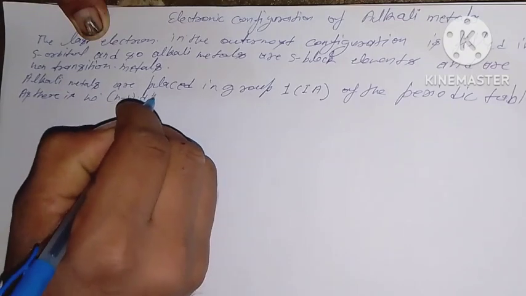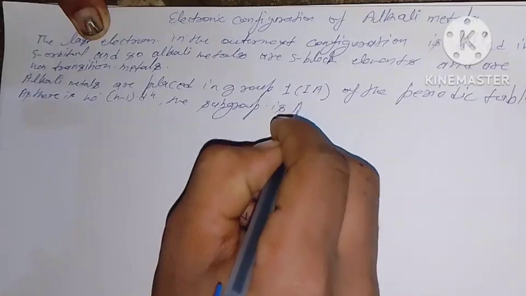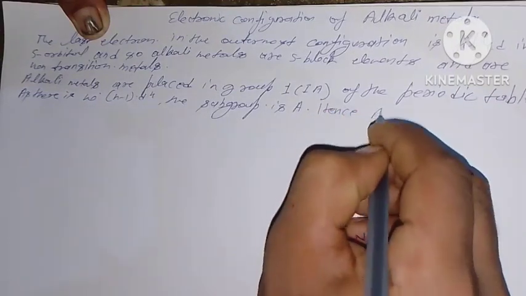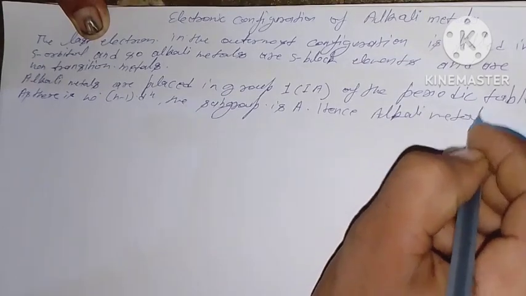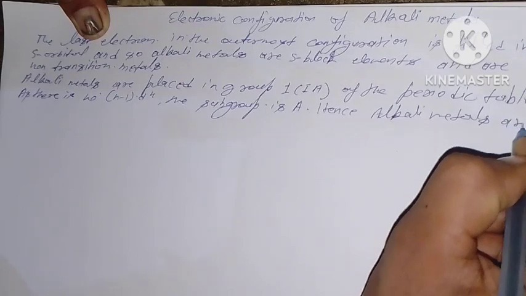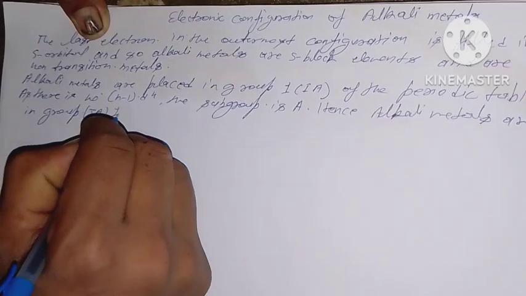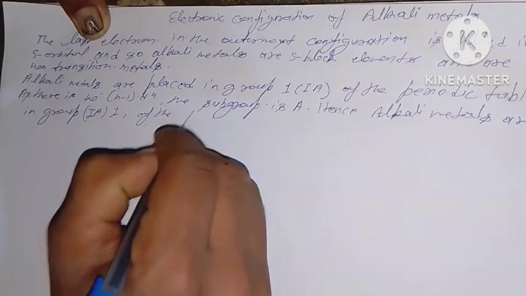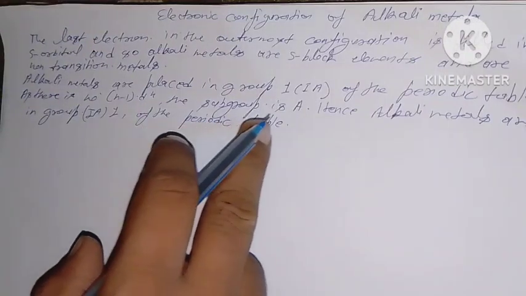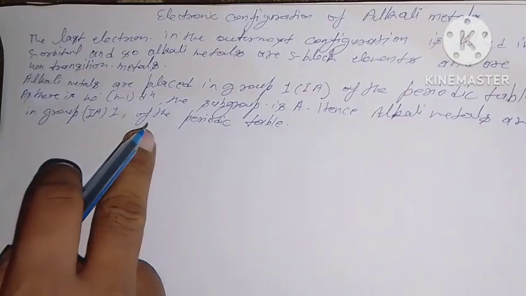As there is no (n-1)d, the subgroup is A. Hence, alkali metals are in group 1A of the periodic table.